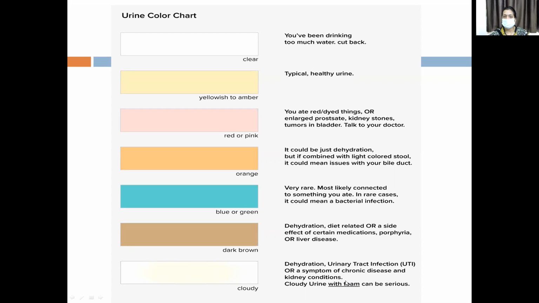Proteins in the urine can be seen as mild proteinuria in case of urinary tract infection, or a chronic disease of the kidney, that is any glomerulonephritis, that is nephritic syndrome, with less than 3.5 grams per day of protein, more than 150 milligrams per day. Then here you are seeing cloudy urine with foam, which can be serious. So these are the range of colors that you can see.